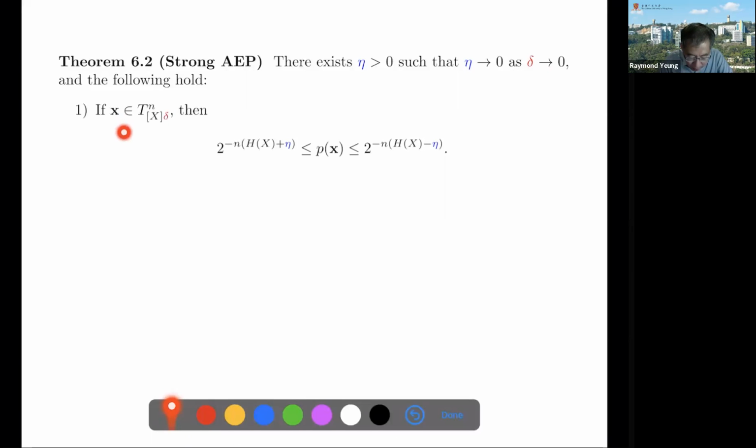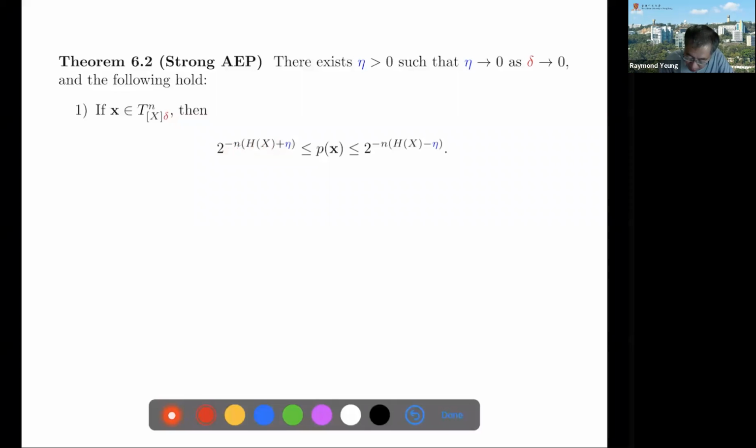First, if X is a typical sequence, then the probability of that sequence is upper bounded by 2 to the power minus n times entropy of X minus eta. Eta is a positive quantity, and this is an upper bound because of the negative sign here. And the lower bound is 2 to the power minus n times entropy plus some quantity eta.